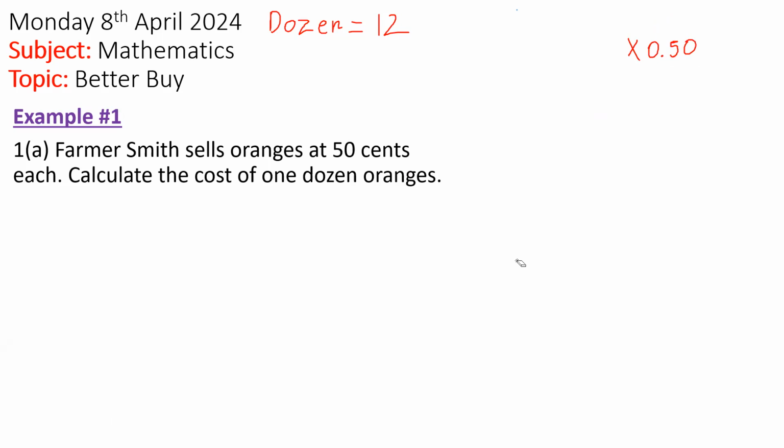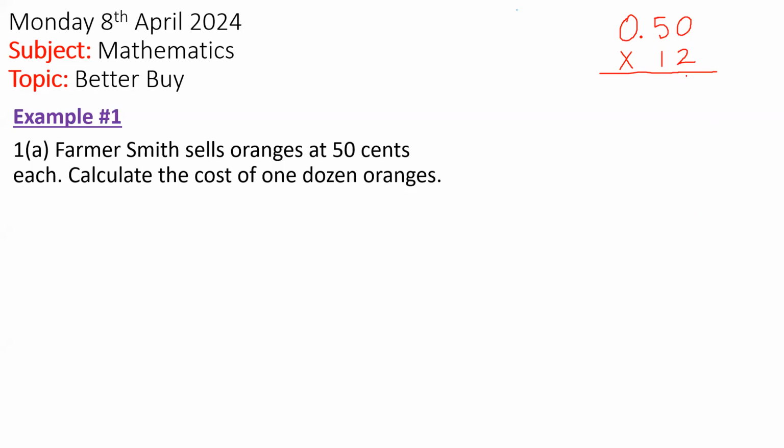So in order to be able to multiply it, I'm going to put 12 at the bottom just to make it easier for us. So we're going to multiply 0.50 by 12. 2 times 0 is what? 0.